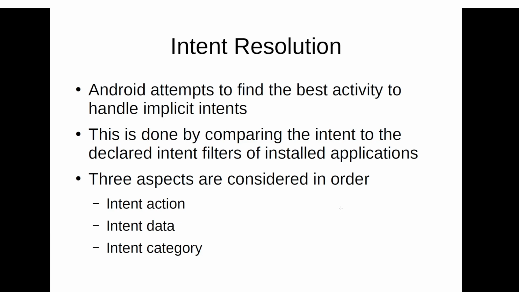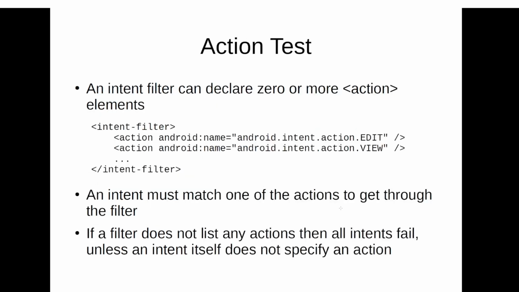When attempting to match an implicit intent to an intent filter, Android will perform 3 tests. The first test is an action test. In this test, Android will compare the action of the implicit intent to action tags placed inside the intent filter of a component.